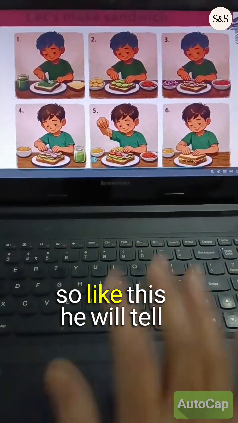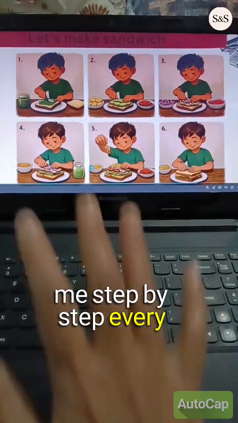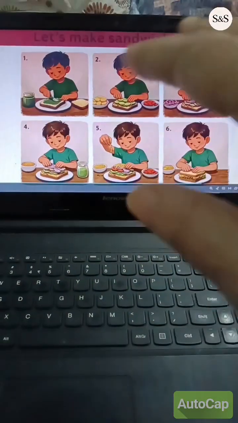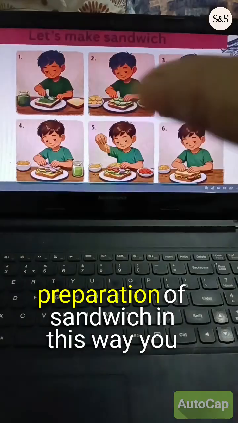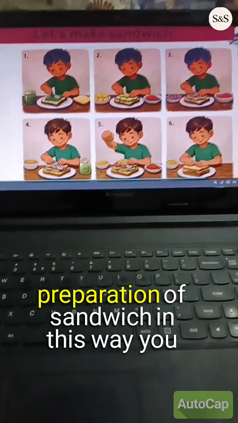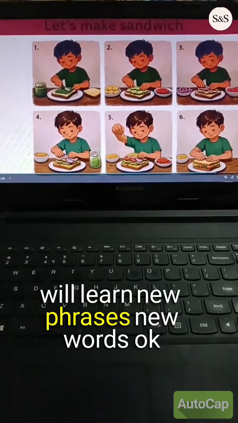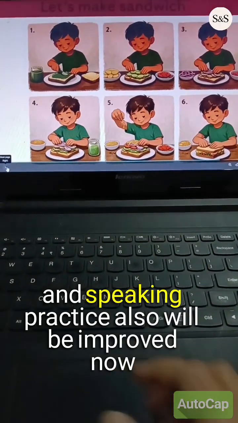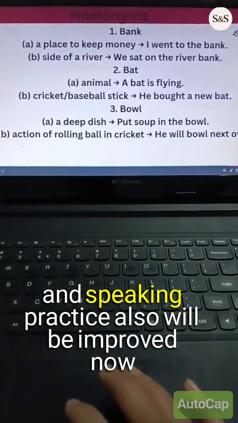Like this he will tell me everything step by step. He will explain the preparation of the sandwich step by step. In this way he will learn new phrases, new words, and speaking practice will also improve.